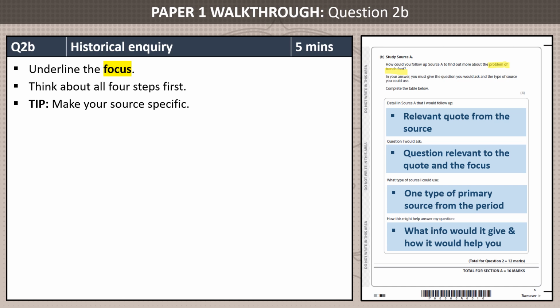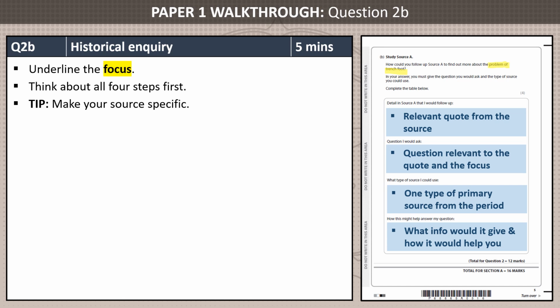For example, "Diary of a Nurse" is just not specific enough. We need to know exactly what kind of nurse, and perhaps where or what point in the war we want this diary to come from.